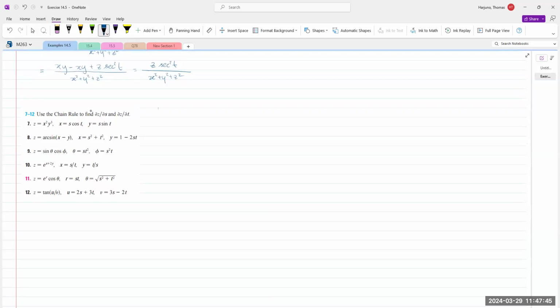Number 10 maybe. Number 10, find dou c dou s. So dou c dou s equals dou c, let's see. C is a function of x and y. X and y, both of them functions of s and t.